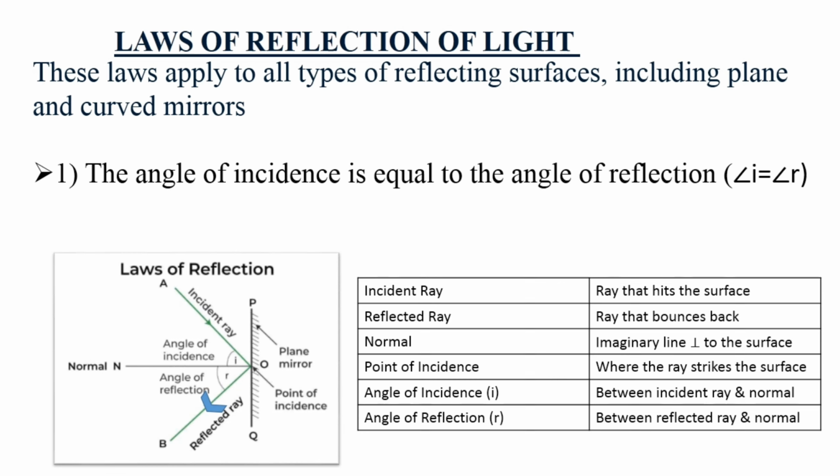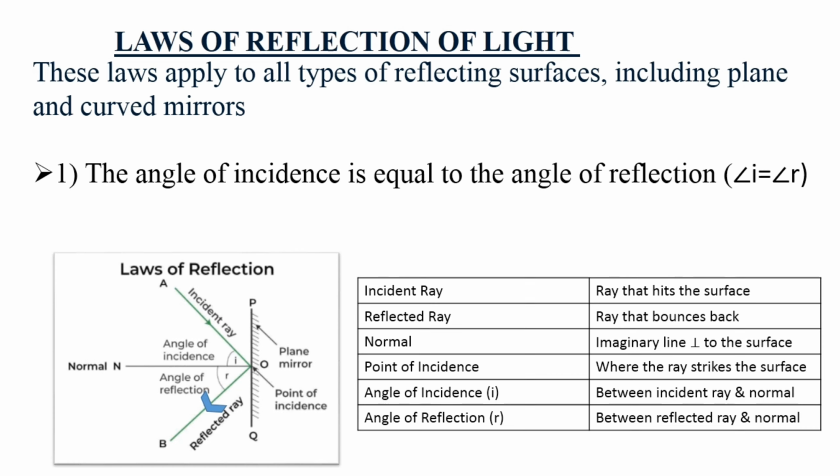So the incident ray is AO and the reflected ray is OB. The angle made by the incident ray and the normal is the angle of incidence, and the angle made by the reflected ray and the normal is the angle of reflection. According to this law, these two angles are equal.